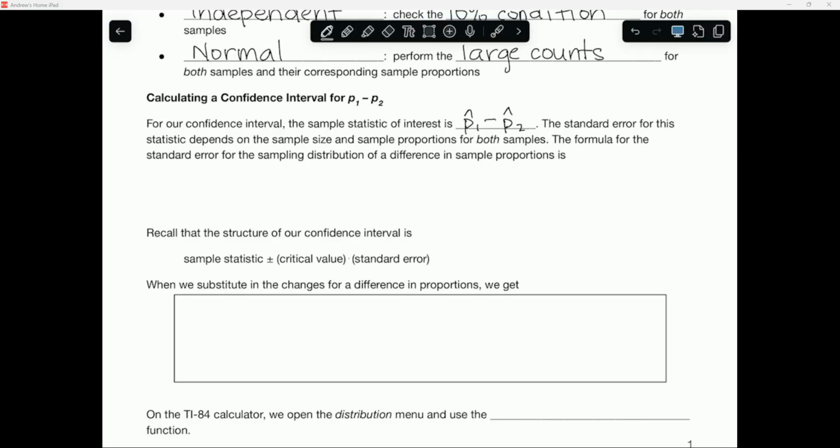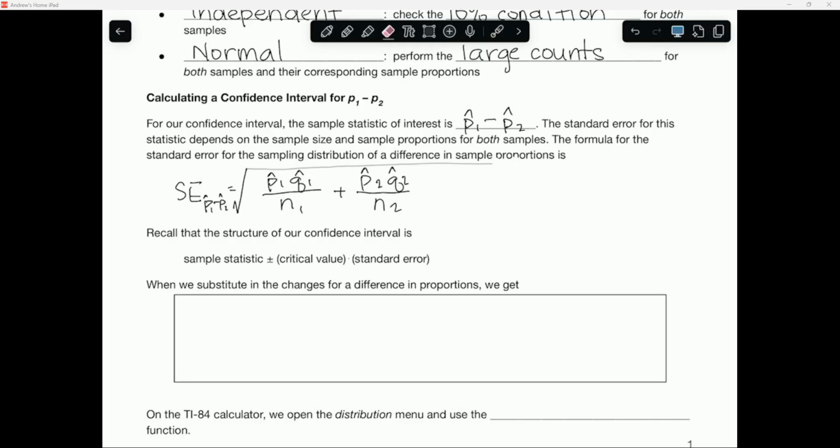So our new standard error formula: our standard error for p hat 1 minus p hat 2 is the square root of p hat 1 times q hat 1 over n1 plus p hat 2 times q hat 2 over n2.